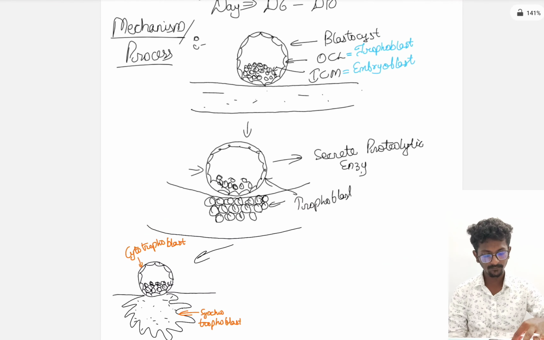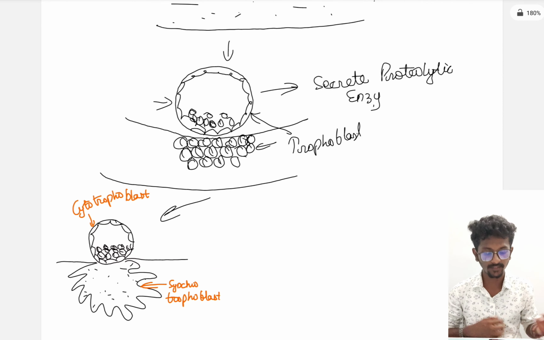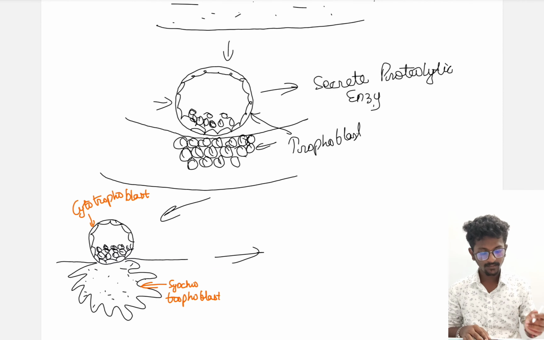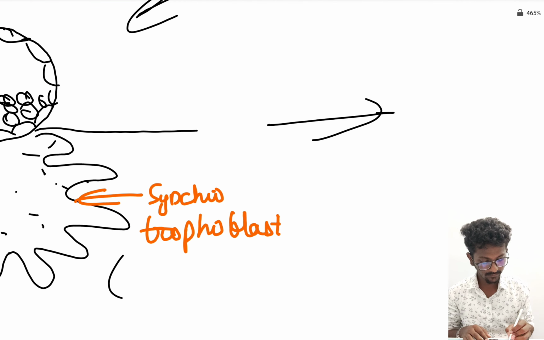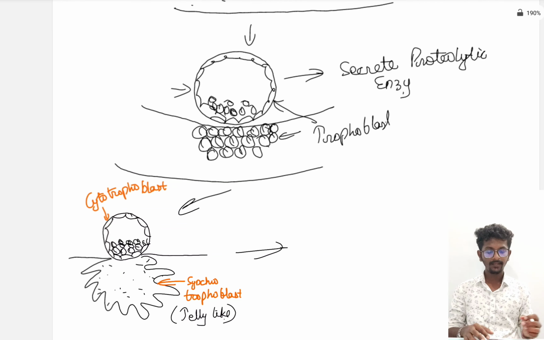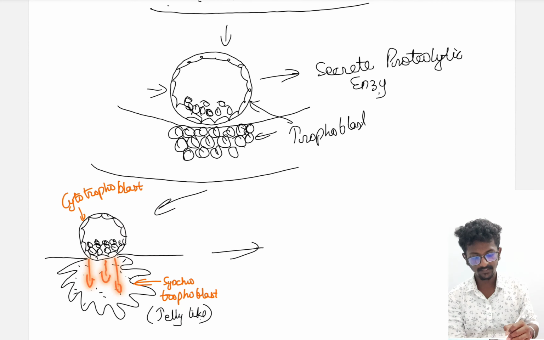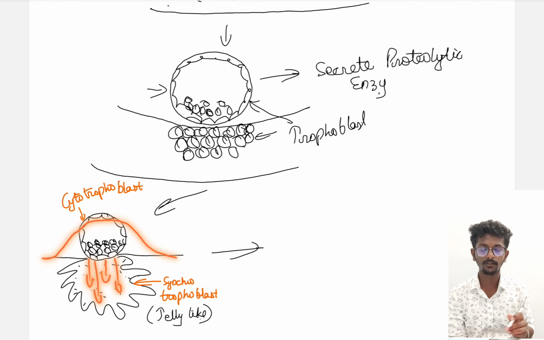Let me repeat this again, or let's first complete this, then I'll repeat the entire thing once again. Now what happens, this syncytiotrophoblast is formed. It forms a jelly-like manner, and now this blastocyst will slowly dip inside this, and then the endometrium will cover this from above.